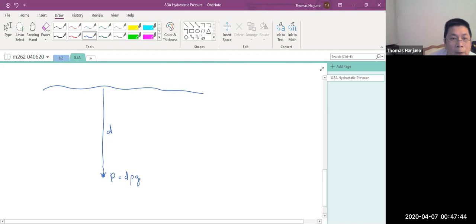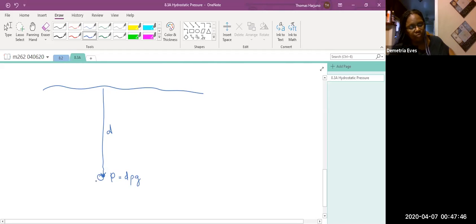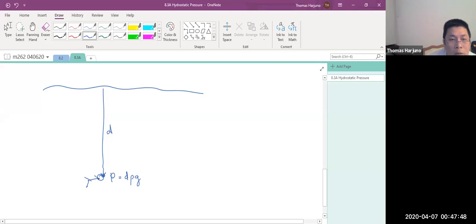Are you with me? Okay. Now suppose you have Thomas there swimming. Then the weight of the water above him will try to crush him. You basically need to take care of the density multiplied by the depth of that water and apply that on your body.